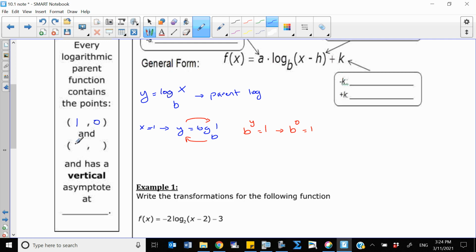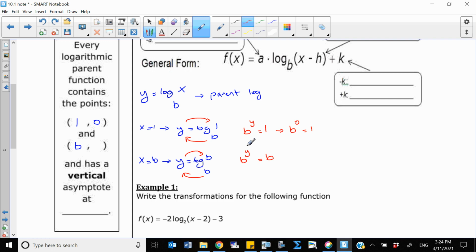Next, let's put x as the base. Whatever the base is, I'm just going to replace x with it. So x is equal to b. Then the function is y equal to log base b of b. Now, what is the meaning of this log? This means b to the power of y is equal to b.